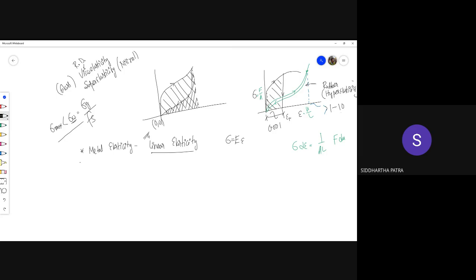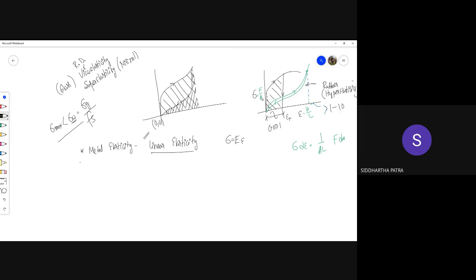A ductile metal could be elongating up to 25% or even higher strain, but the elastic limit is 2 or 3 orders below that, and that is up to which this linear elasticity is valid.